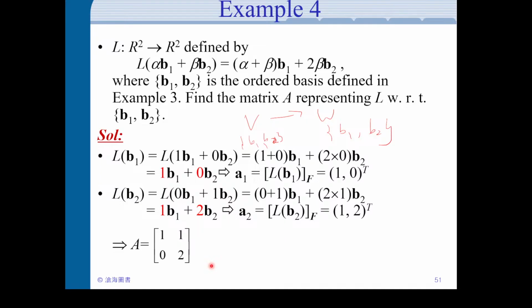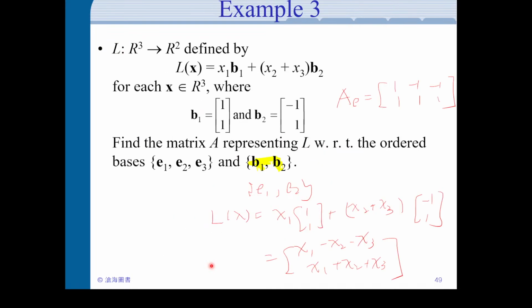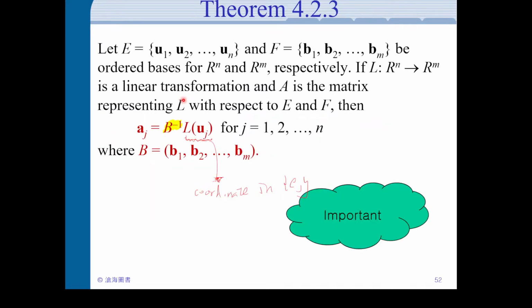Now let's see a more non-trivial example, where we map from Rn to Rn, and we have a non-trivial basis in the domain Rn and a non-trivial basis in the target Rn. That's our next theorem, and let's see how we do this. We have an ordered basis E for Rn and an ordered basis F for Rn.